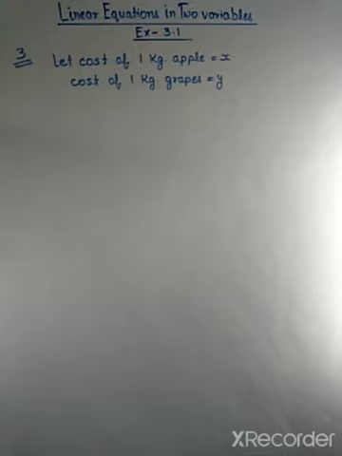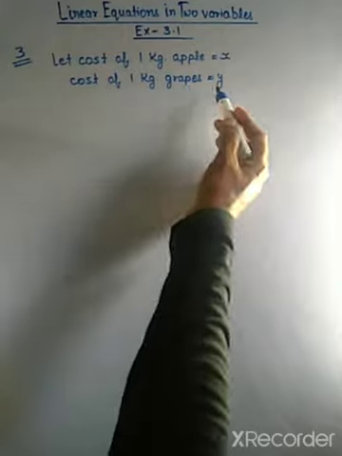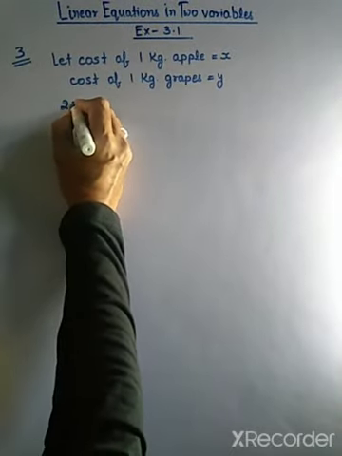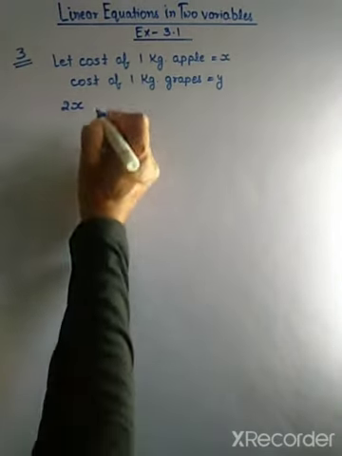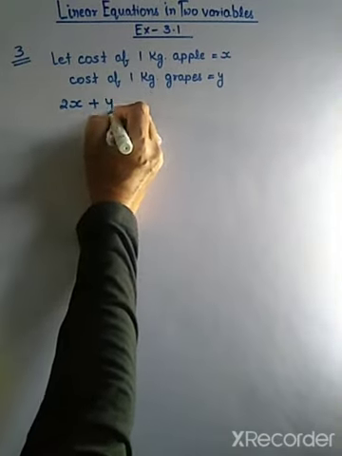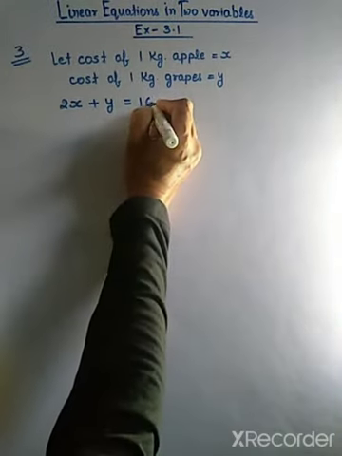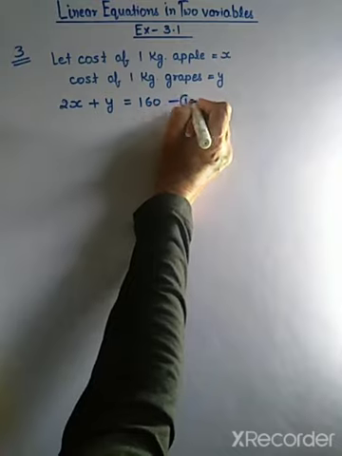So let the cost of 1 kg of apples be x and the cost of 1 kg of grapes be y. In the first condition, it is given that the cost of 2 kg of apples and 1 kg of grapes, that is 2x plus y, is 160. So this is the first equation.